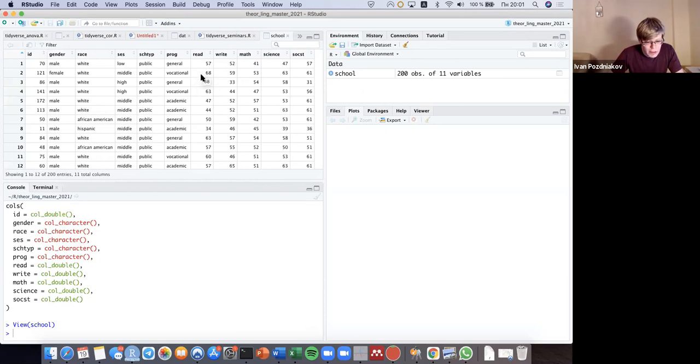Let's explore linear regression of writing grades with reading grades as a predictor. So, whether reading can predict writing better.